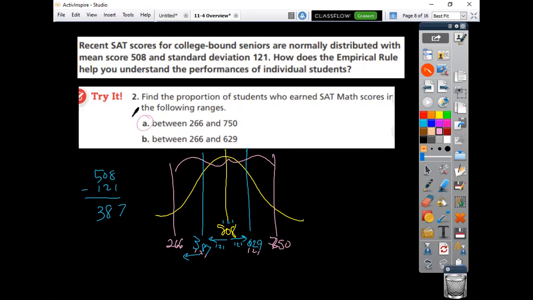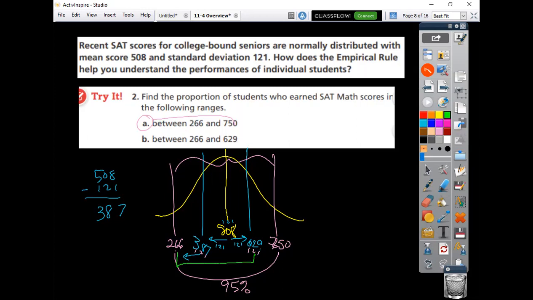So when they ask this question right here, what percent's between these two, that would be my 95%. Then it says 266 to 629.